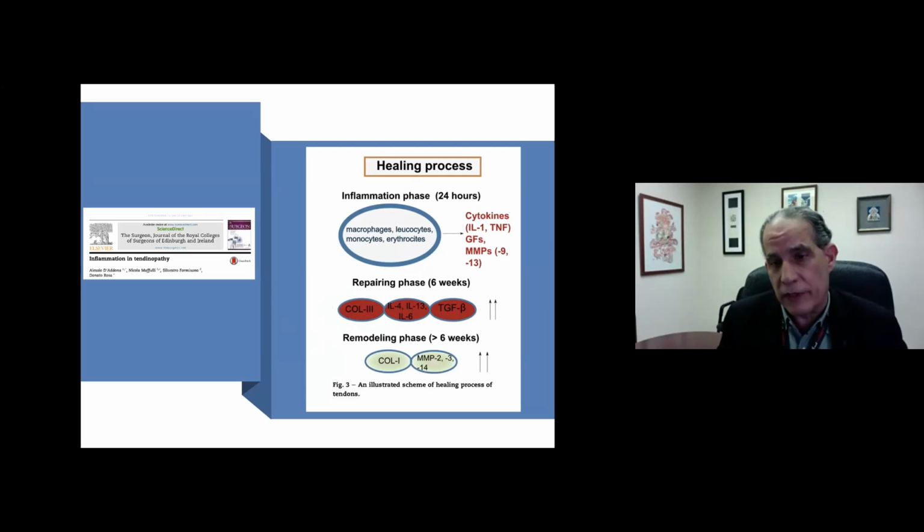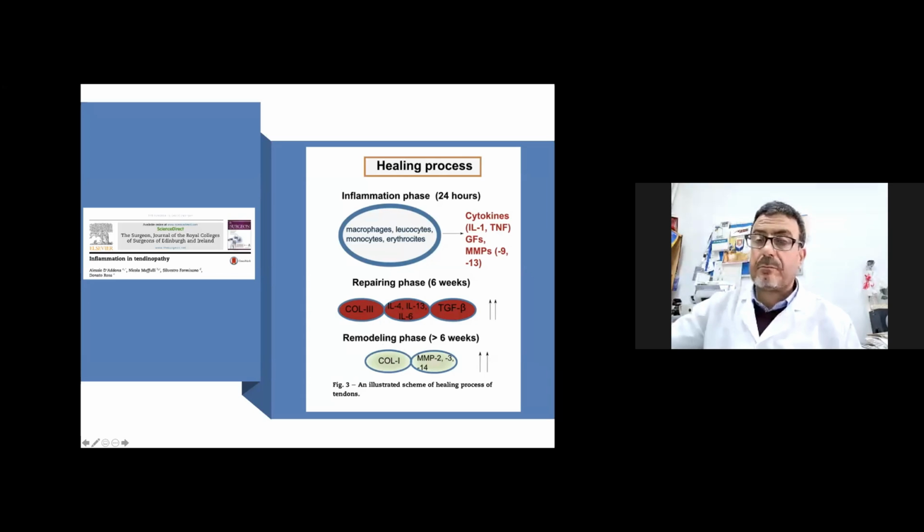If it's effective, then you get into the remodeling phase. Please note that in the repair phase, the collagen is collagen type 3. In the remodeling phase, the collagen is type 1. So there's a difference between those two molecules. So if we assume that this process actually proceeds well, then there is an effective healing response and so on. If it doesn't flow well, then we have problems. Please also note the time.